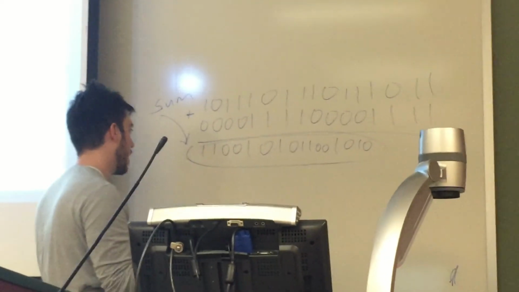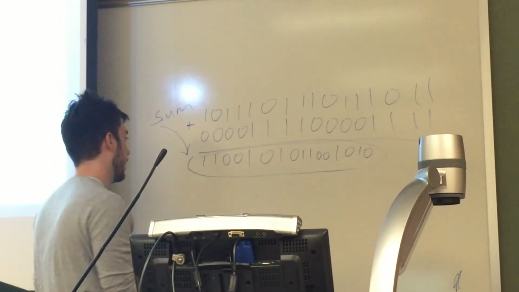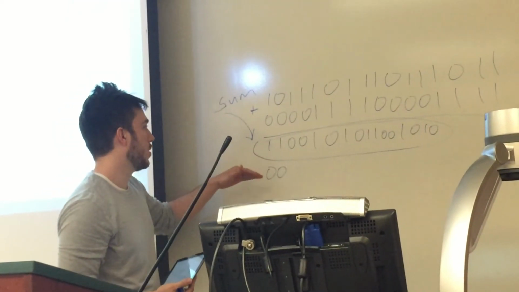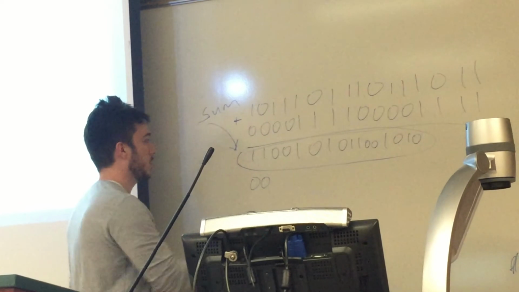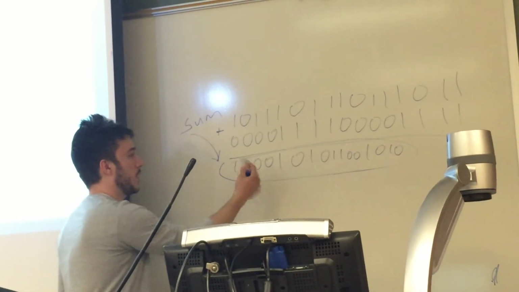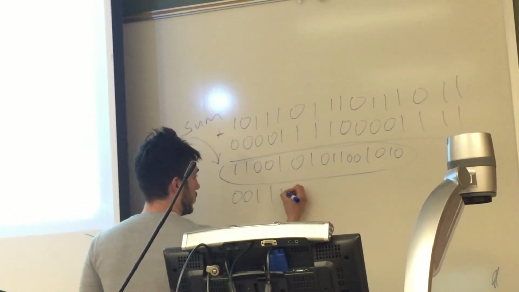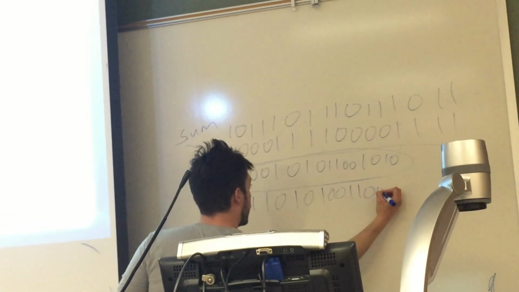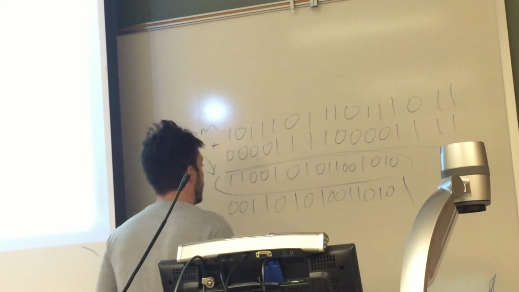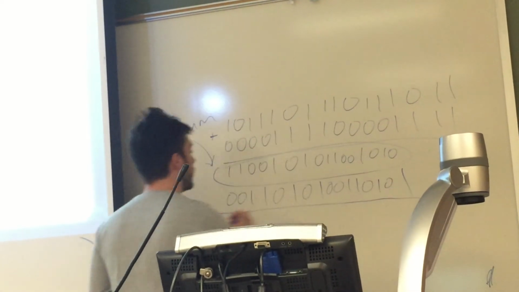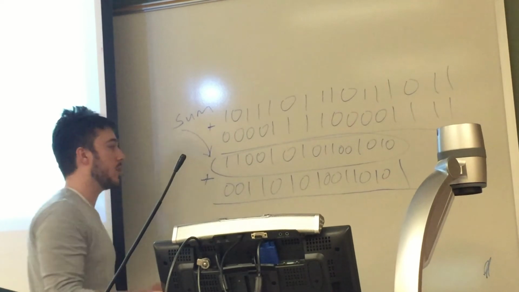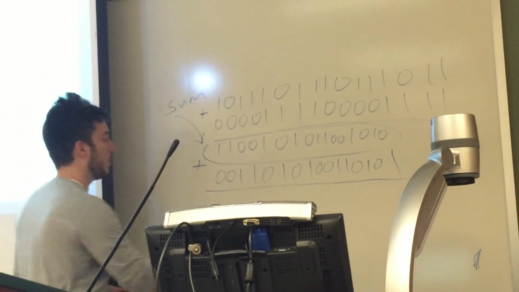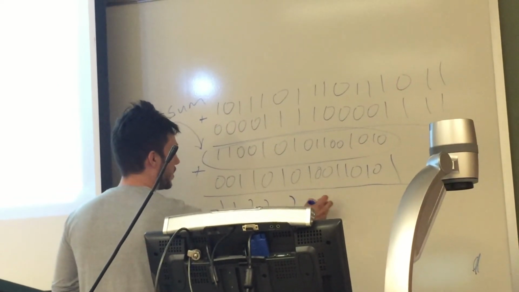Now it takes the ones complement of that, and a ones complement is basically you just reverse all the numbers. So if you have a 1, you do a 0, if you have a 0, you do a 1. Then it adds these two numbers together, and if no data has been lost, none of the packets have been lost, then you come out with just 1, 1, 1, 1, 1, dot, dot, dot.